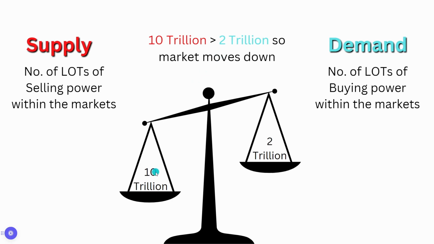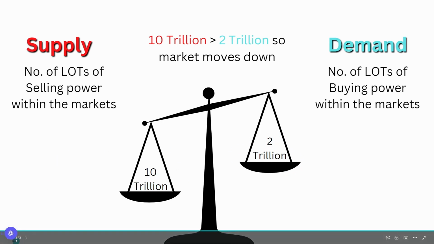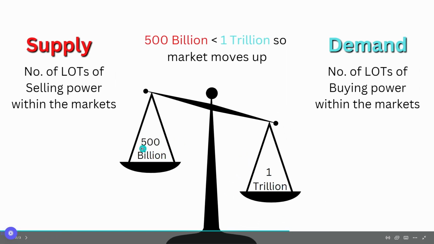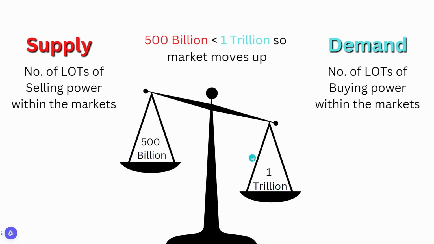Now, the more that one side outweighs the other, so we see that this is a ratio of 5-1, whereas, as an example, the one prior was a ratio of 2-1. So this structure, in which case demand is dominant and outweighing, so the market would be moving up.